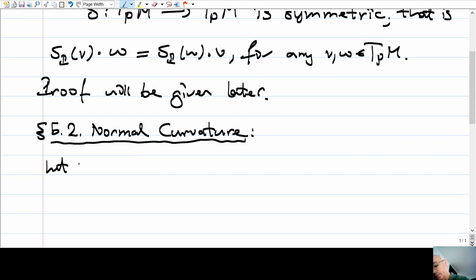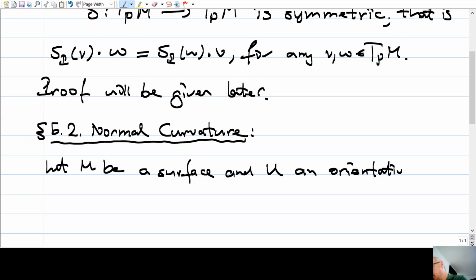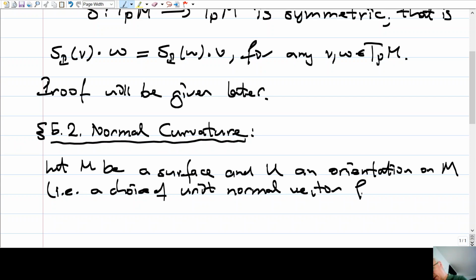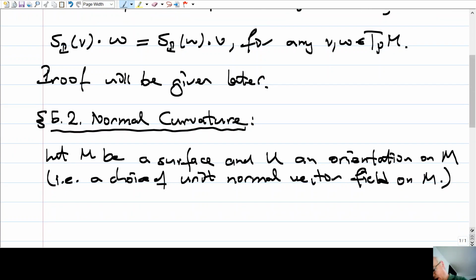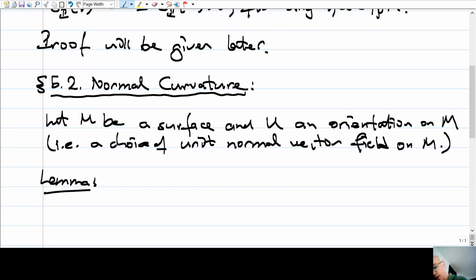So let M be a surface and U an orientation on M. So it's a field of normal vectors, a choice of unit normal vector field on M. All right. Our first observation is the lemma.